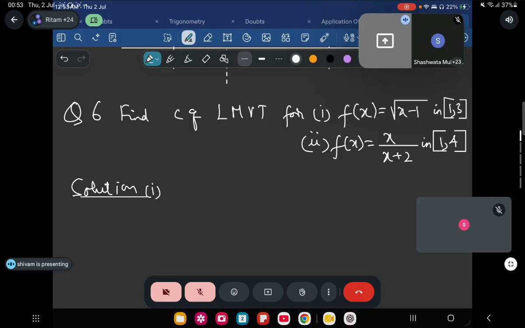Shwankit, your answer is correct. Rishabh, your answer is correct.